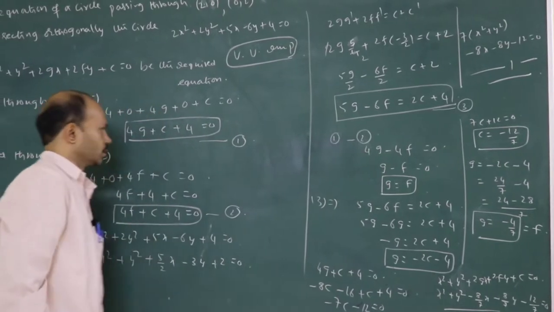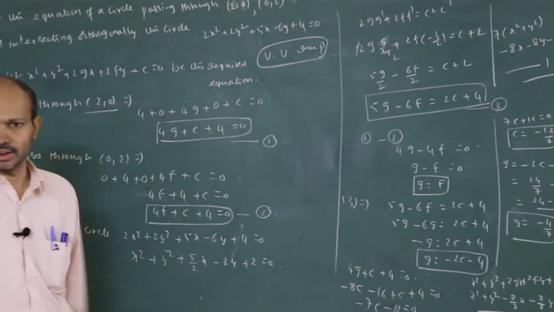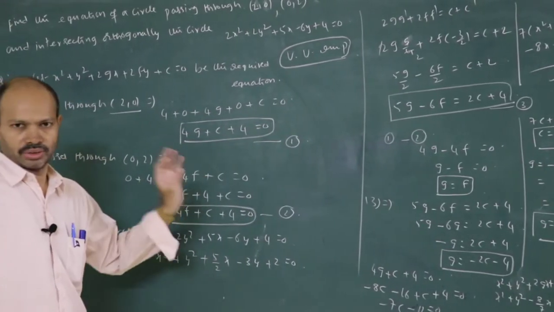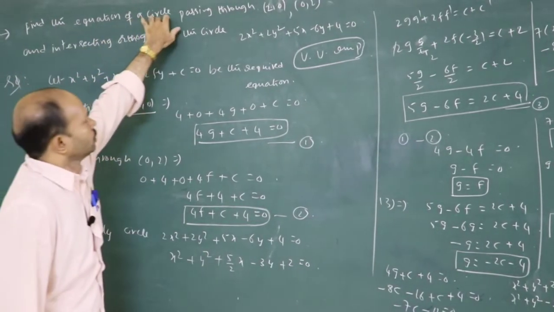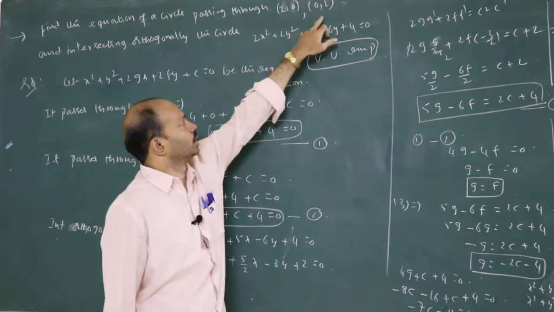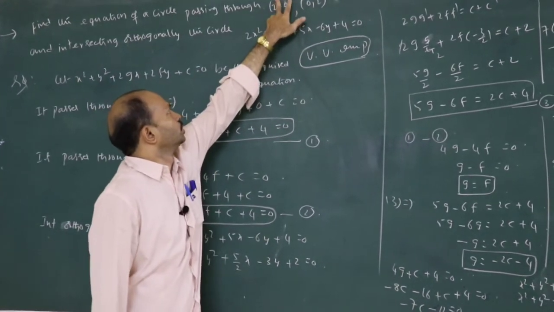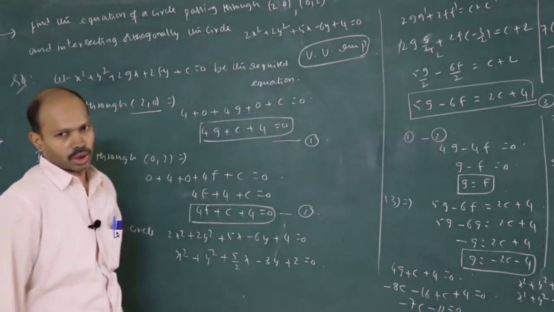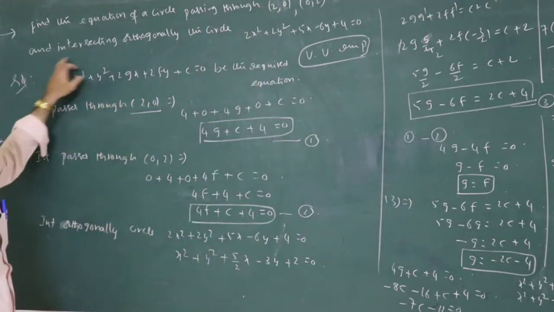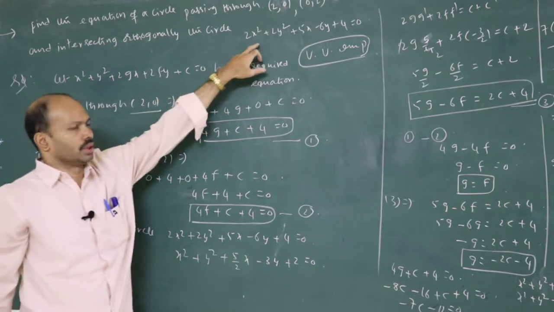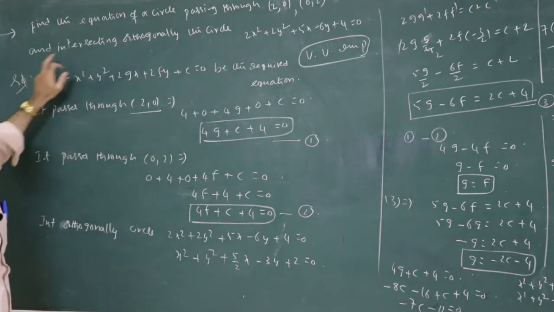All of you observe, the solution is a little bit lengthy. You can observe carefully each and every point. Find the equation of circle passing through 2,0 and 0,2, and having one condition: intersecting the given circle orthogonally.